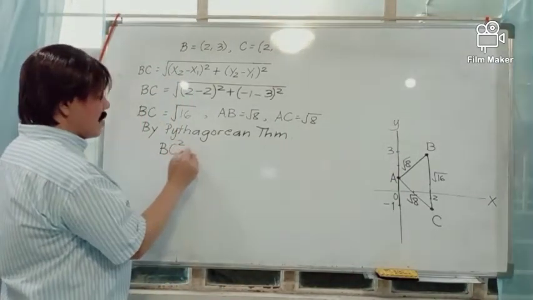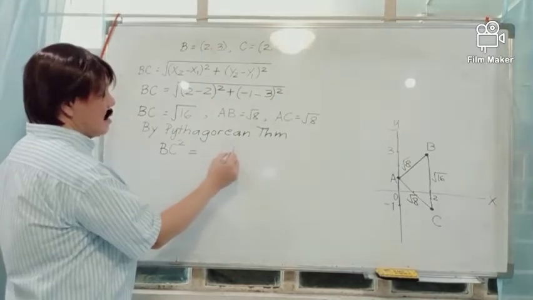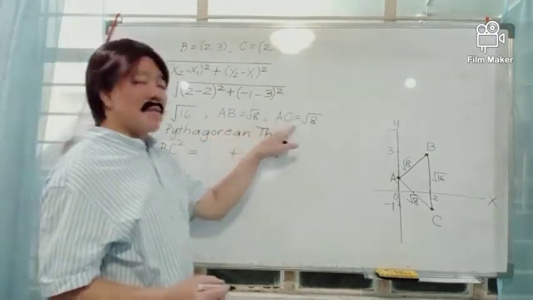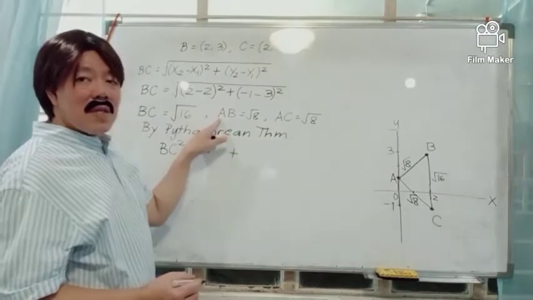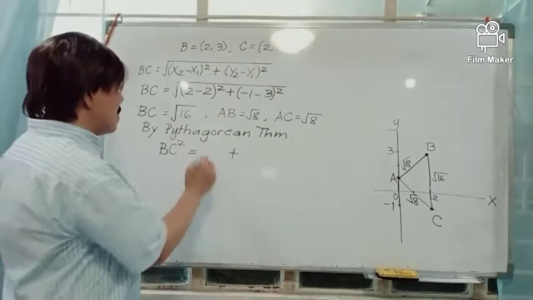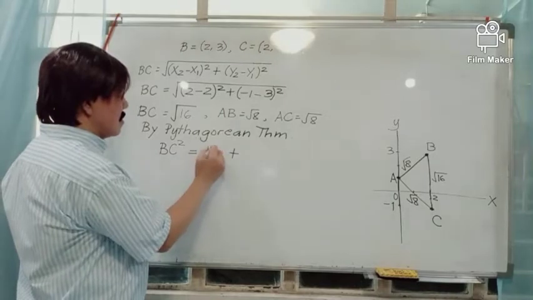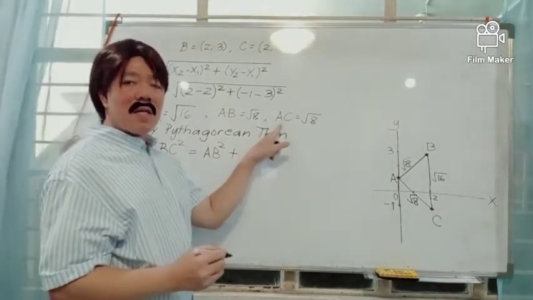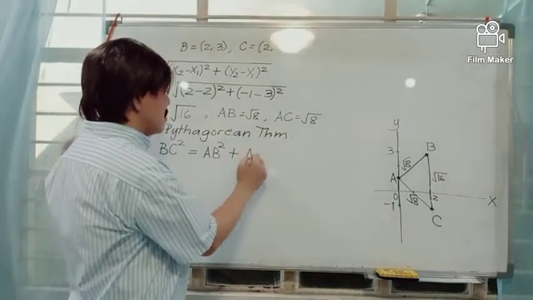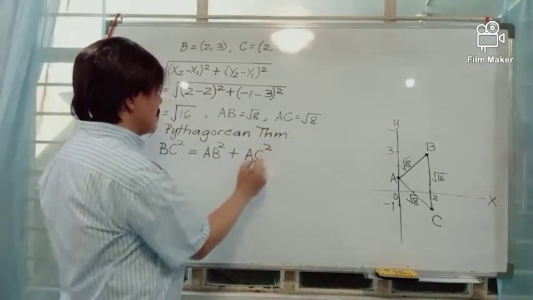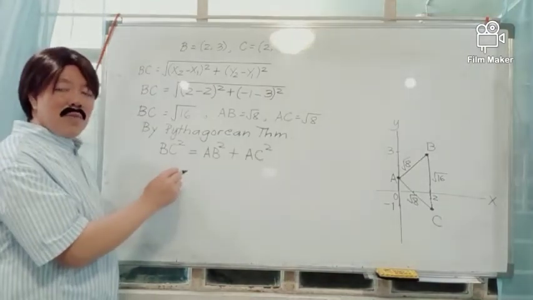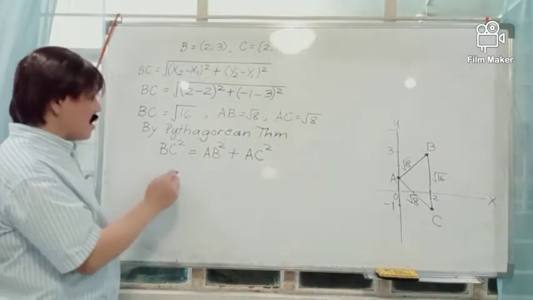The square of the hypotenuse is equal to the sum of the squares of the two other sides: the square of this side through vertices A and B, and the square of this side through the vertices A and C. This is the equation that we want to verify.